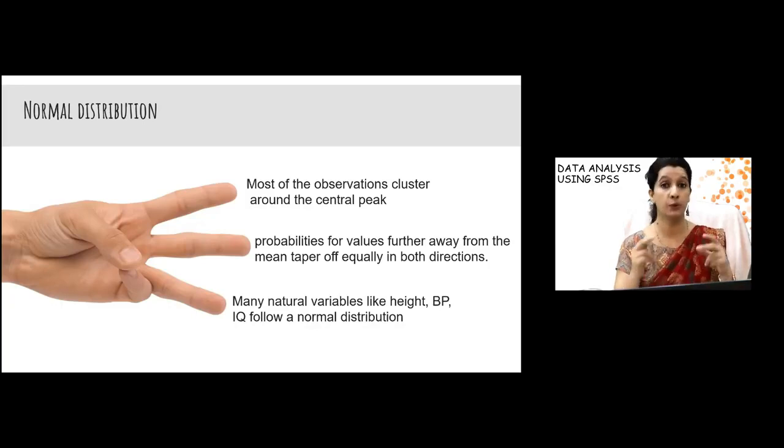Because we are trying to estimate a population parameter, and in a population, if you take a large number of values of any variable and plot a graph, it follows a distribution where most of the values lie on the peak in the center, and then it starts decreasing toward the periphery, both the right and left side.